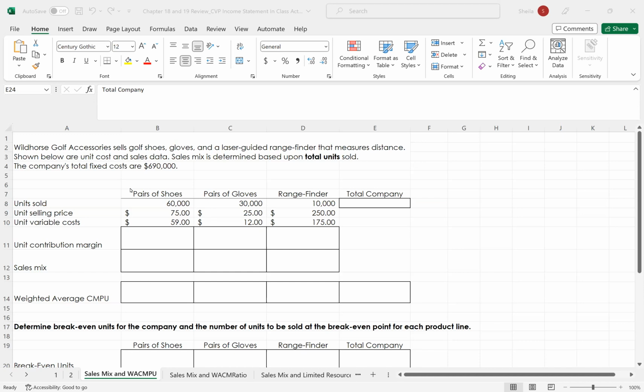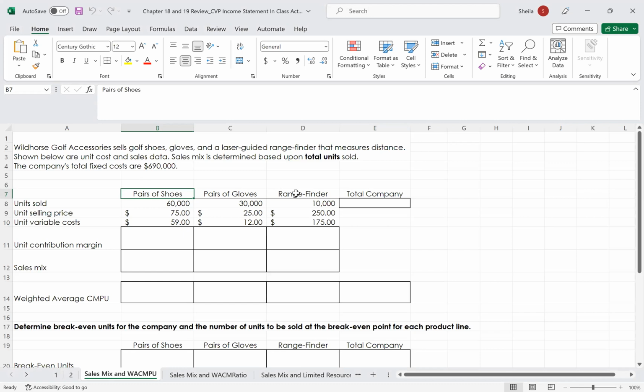So the idea with chapter 19 is it's all about using cost volume profit analysis when we are a company that sells more than one product, which for the most case is just about every company. We don't just sell shoes, for example, but maybe we're a golf company and we sell not only shoes, but gloves and rangefinders.